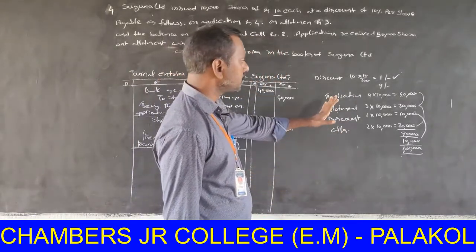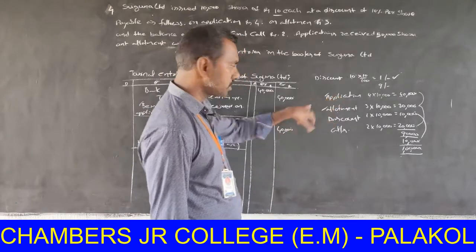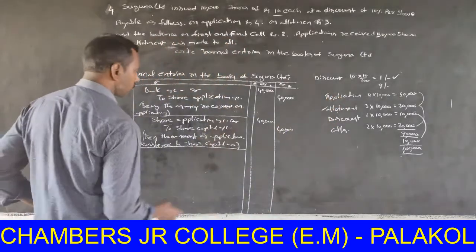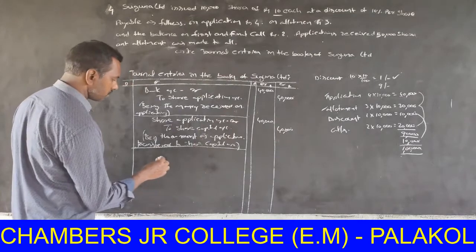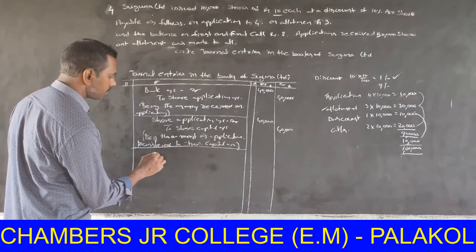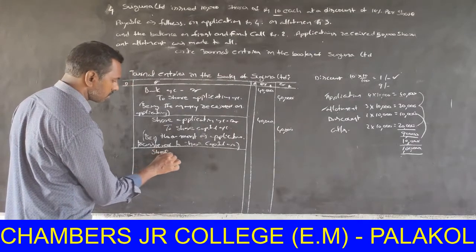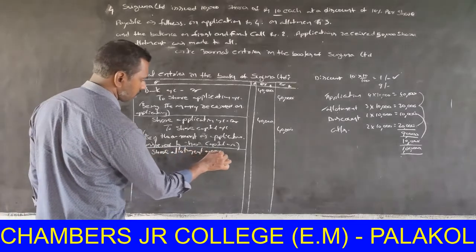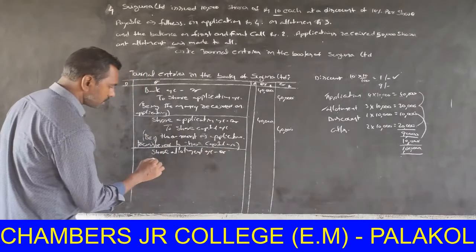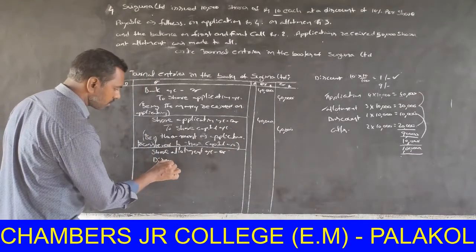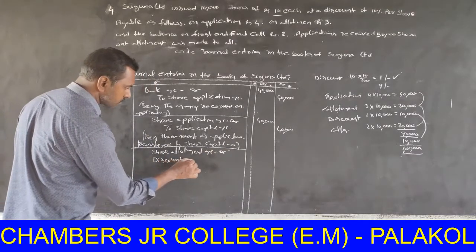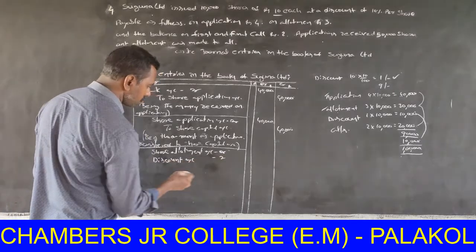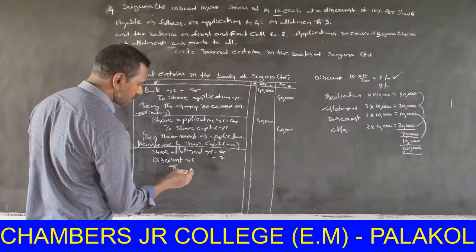For due of allotment, the journal entry is with discount. Share allotment account debit, discount account debit, to share capital account.